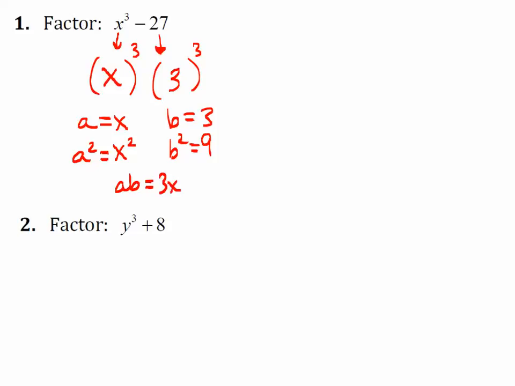Once you do this, you have all the stuff you need to finish off the problem. At this point you just follow the pattern. The pattern, I'll give it to you over here, is a minus b, a squared plus ab plus b squared. Then just follow the pattern as you finish it off.